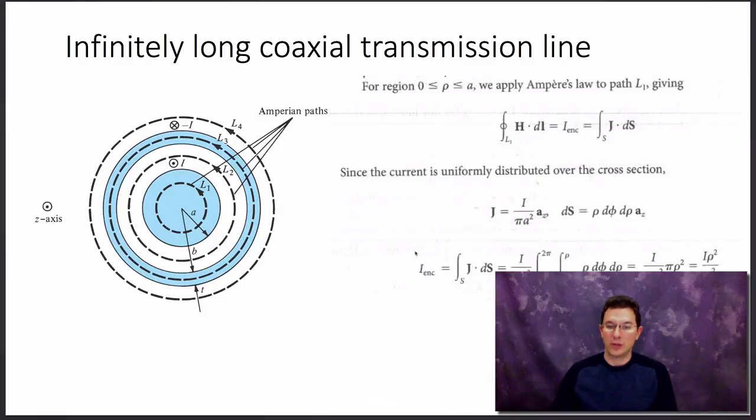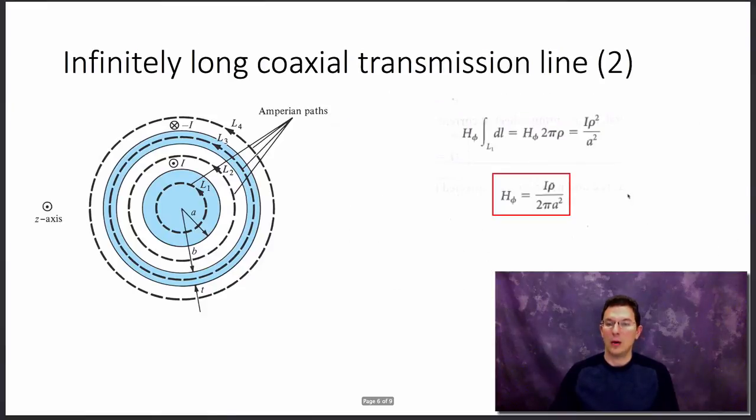And we go ahead and substitute this expression for I enclosed on the right-hand side, and we end up here. H phi times 2 pi rho is equal to pi rho squared over a squared. I can now solve this expression for H phi, voila.